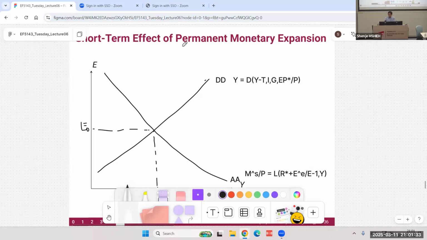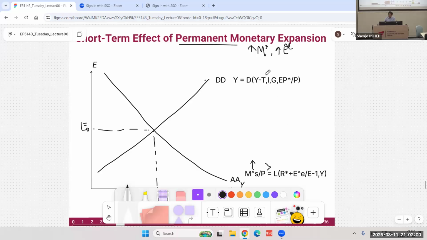As I mentioned earlier, a permanent change implies two effects on the AA schedule: increase in MS, as well as increase in E hat E. Let's think about how the curve shifts. First things first, we have an increase in MS, which makes the inequality like this.